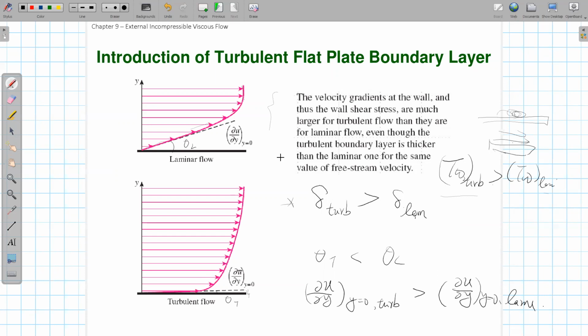The final exam will be cumulative, which means that 50% will be the content after midterm 2, which is chapters 6, 7, 8, and 9.